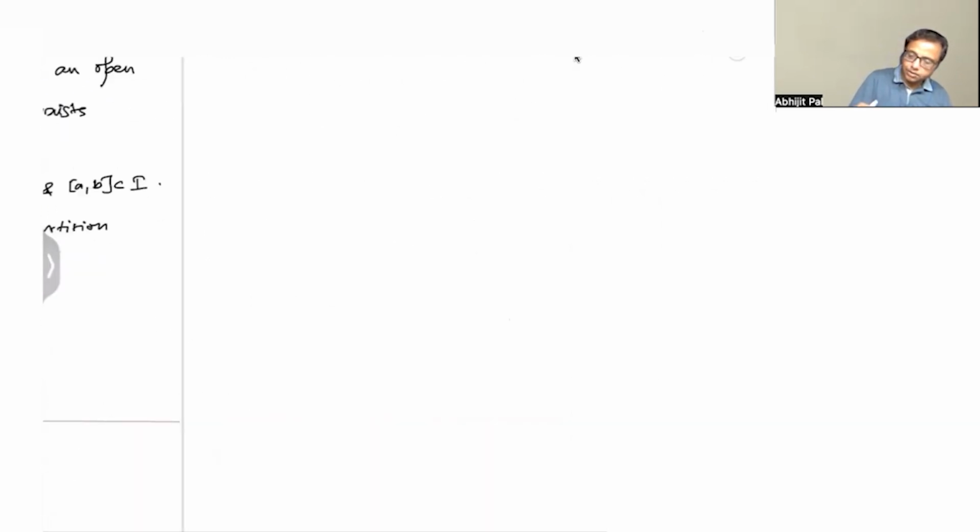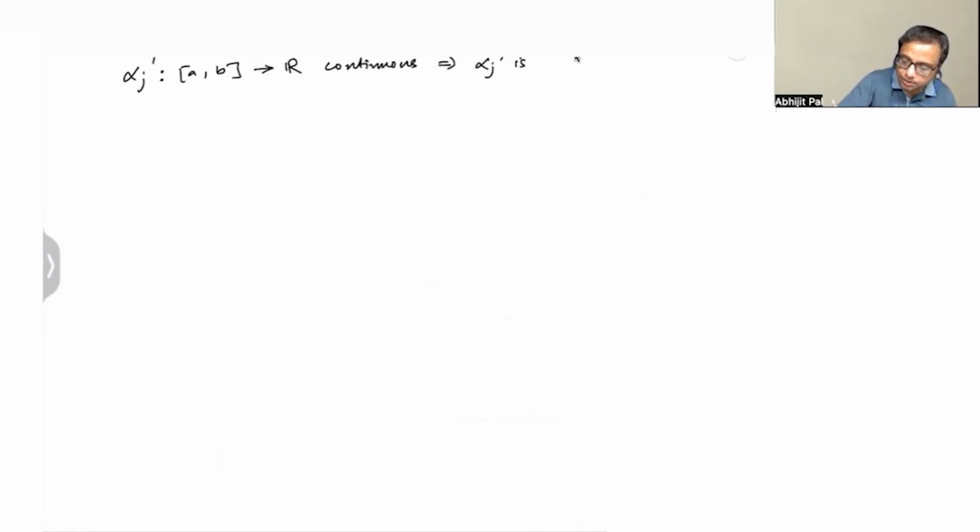Now alpha j prime is a real valued map from the closed interval [a, b] to R. Since it is continuous, alpha j prime is also uniformly continuous.